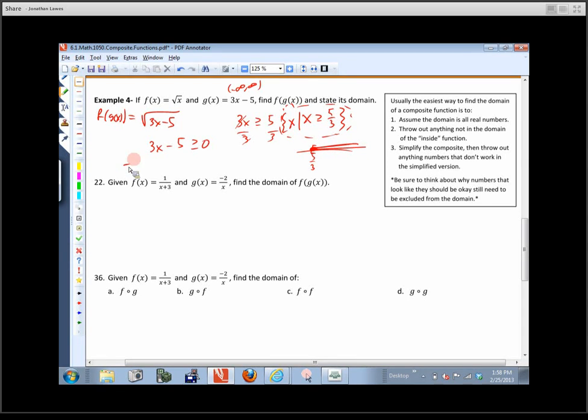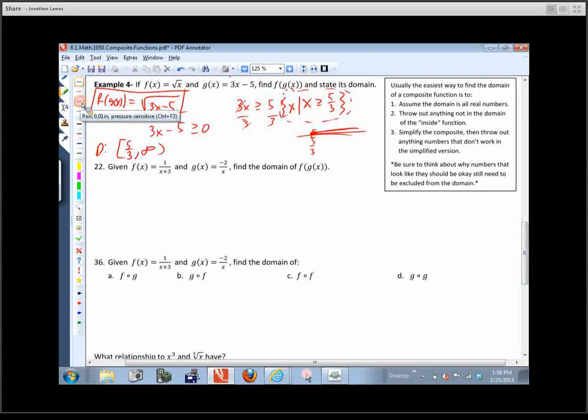So that's going to be from positive 5/3 all the way to infinity with a square bracket there. Okay? So this is the composite function. This is the domain. It's a lot smaller than what we started out with. Any questions there?